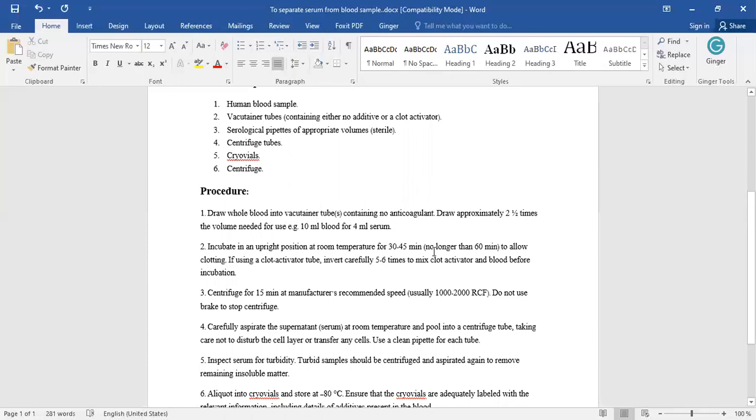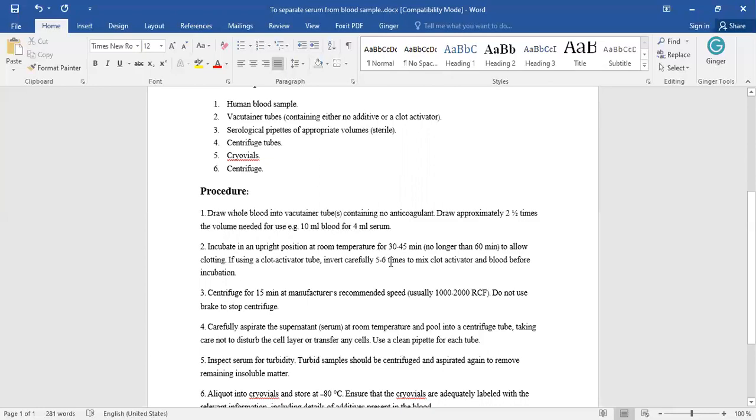We are incubating the blood for isolation of serum, and due to this incubation, the clotting factors will clot the blood. This is the basic principle and the basic procedure.